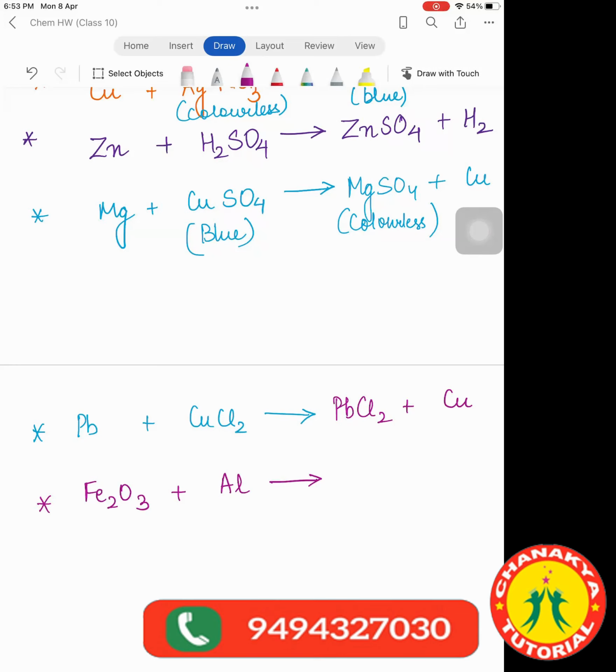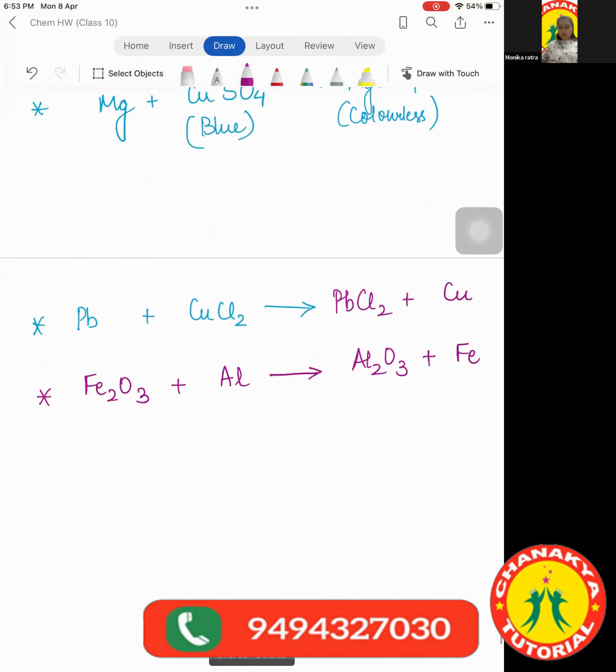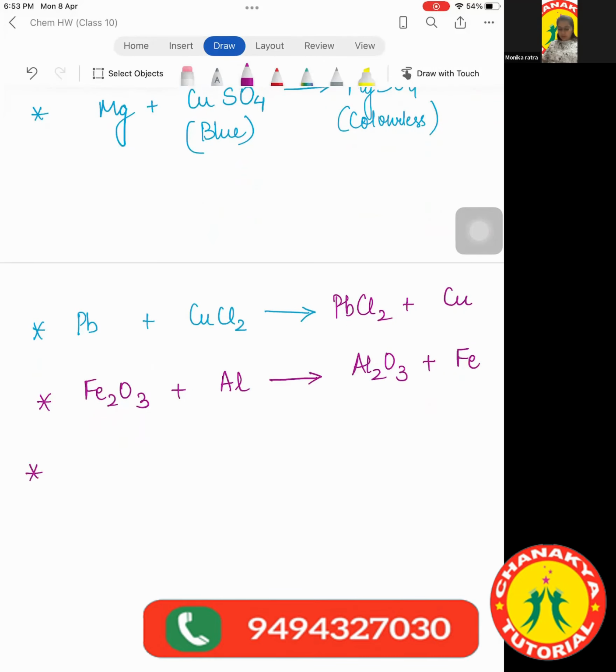Then what will be the product formed? Al2O3 plus Fe. Very good. Then let me write the last reaction for Zoha. Zoha, are you there? Yes, ma'am. Okay, Zoha, you tell me if this reaction will take place or not, and what will be the product formed if this reaction occurs.